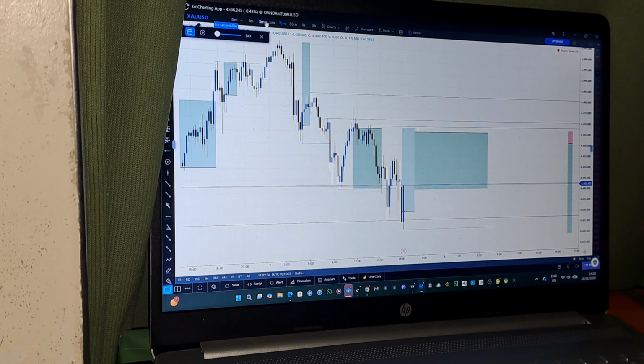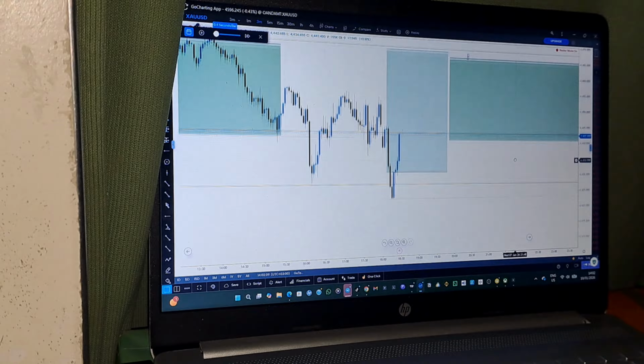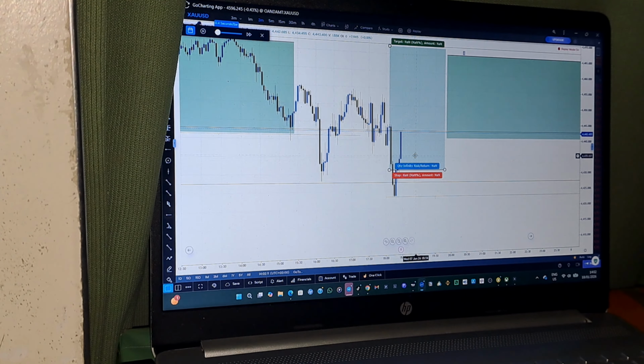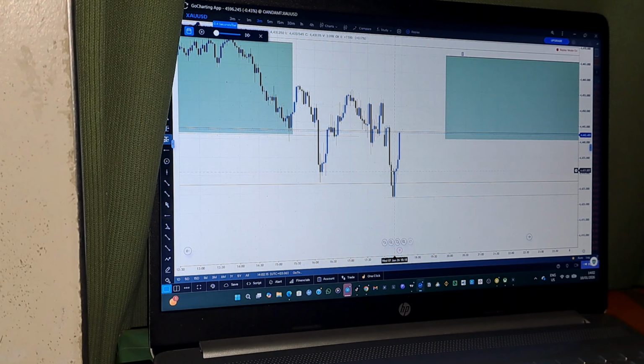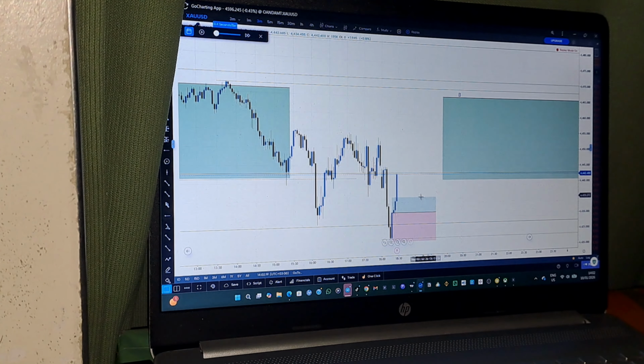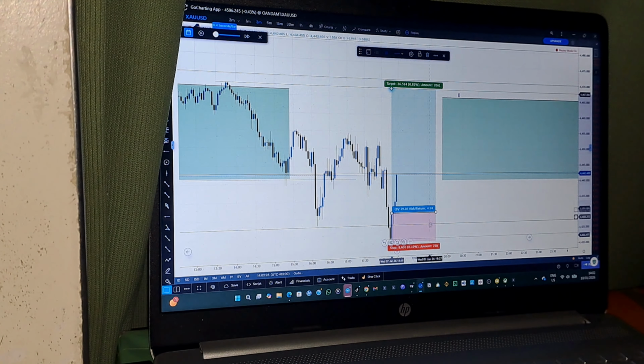So here we could have scaled into our 3-minute to find entry. You could have got an entry here on this bullish engulfing candle of the 3-minute time frame, and then target the next high, just like this.